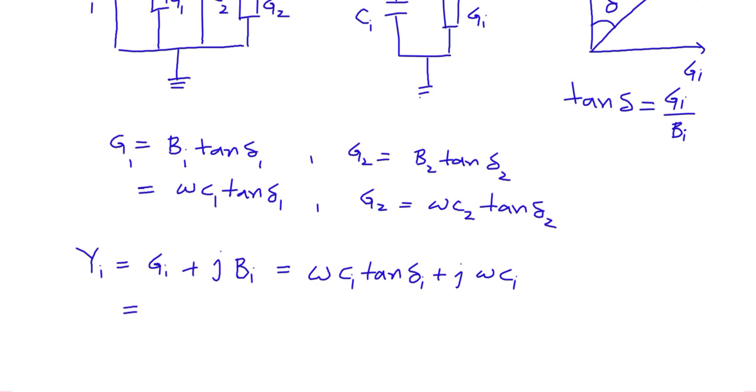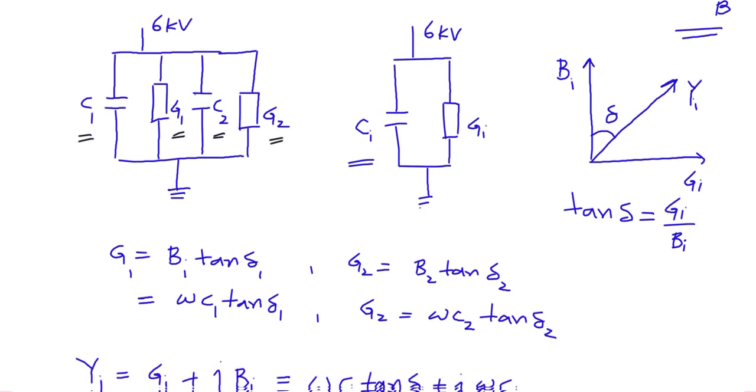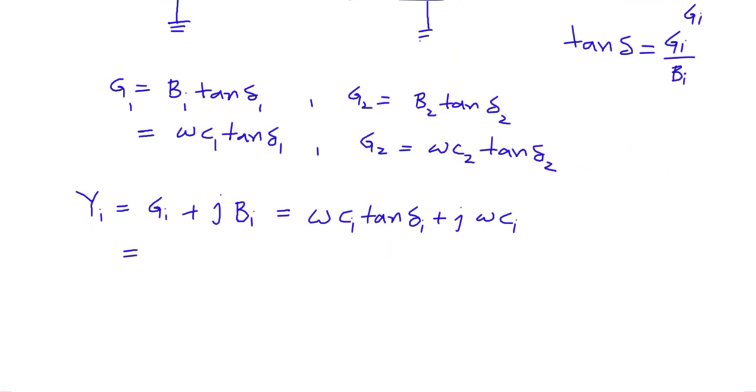And now our C_i, the equivalent capacitance, will be the sum of capacitance C1 and C2 simply. Similarly, G will be the sum of G1 and G2. So we can use this expression.